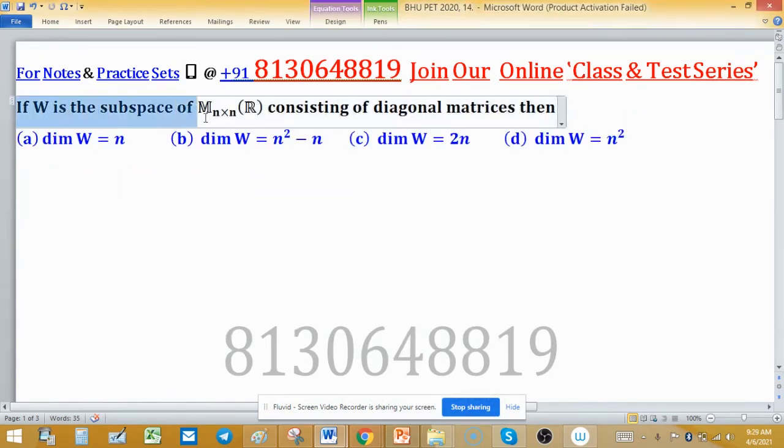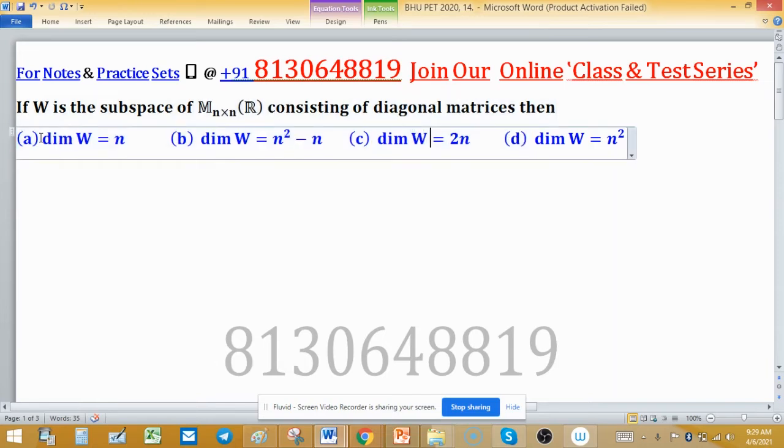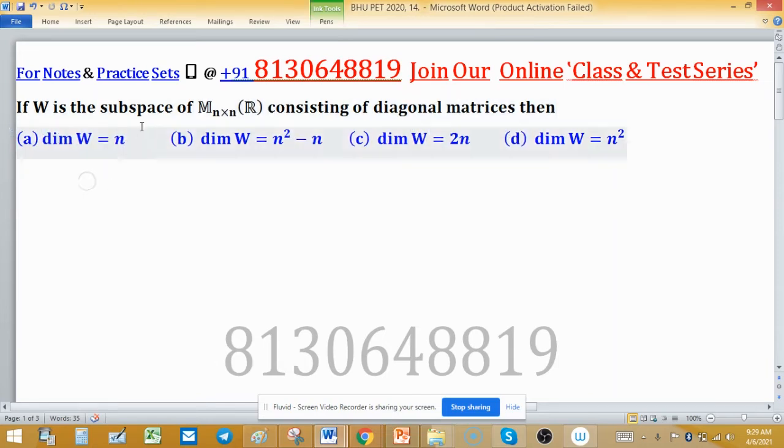If W is the subspace of n by n matrices over the real numbers, consider the diagonal matrices, then the dimension of W is, we have to tell about the dimension of W. W is a subspace of n by n matrices, meaning these are the entries of the matrices, and the size of the matrices is n by n, and entries are real numbers, meaning if you pick an element A, then A should be from the real numbers.